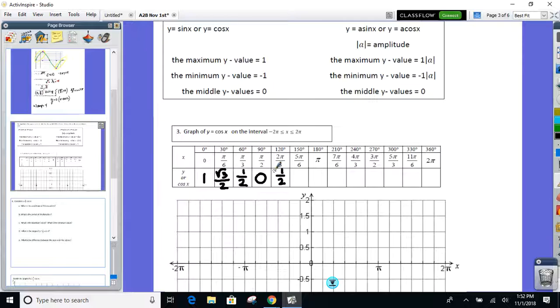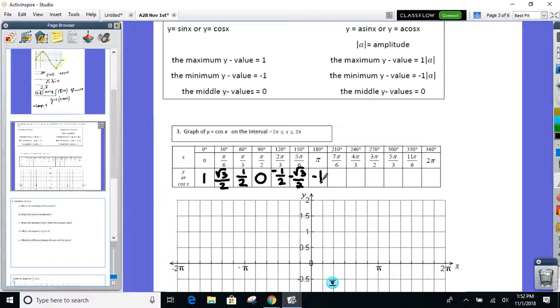Negative for cosine. Like all this ties together, huh? 150. Radical 3 over 2, but negative. 180. What's the x coordinate at 180? Negative 1.